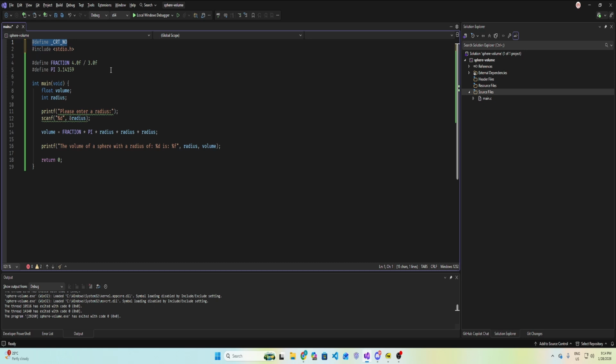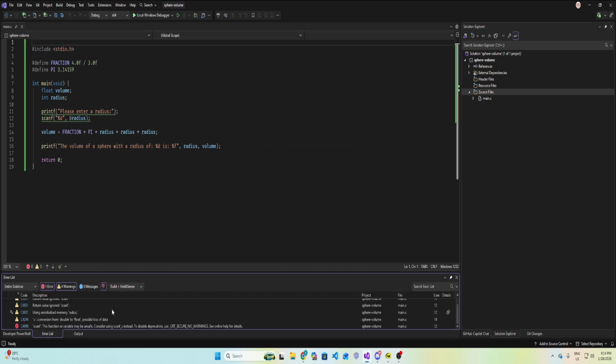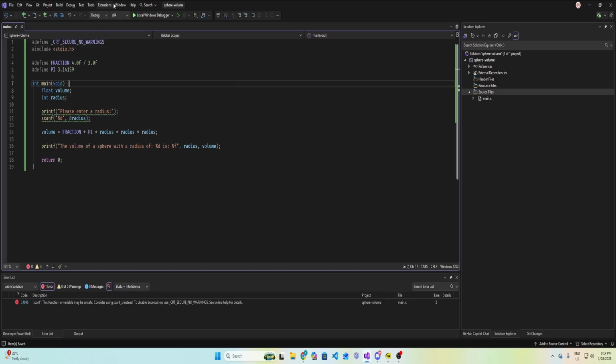No, I can't remember. Wait, let me just run the project and see quickly. Secure no warnings, that's the one. Underscore CRT, secure no warnings. Okay.